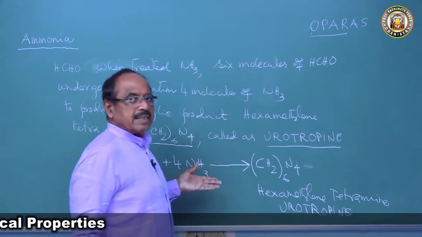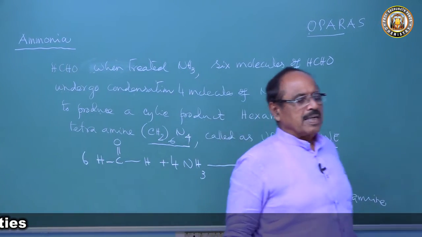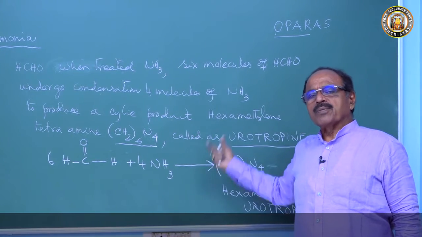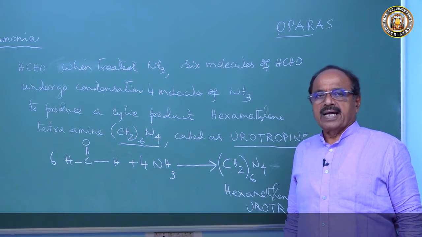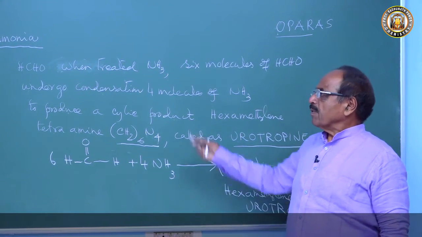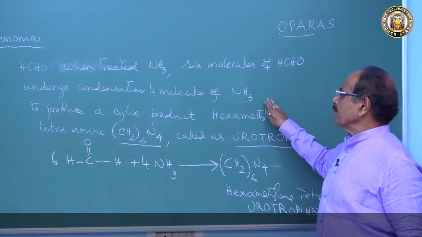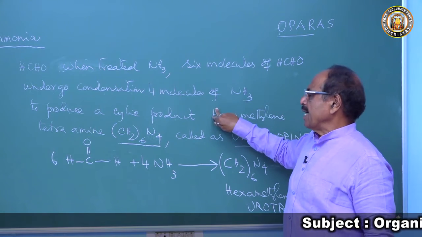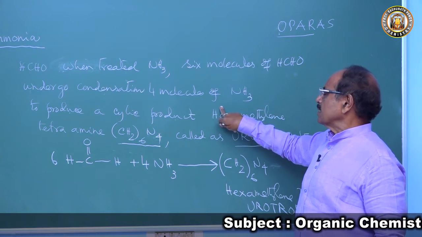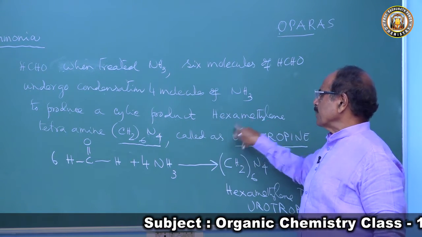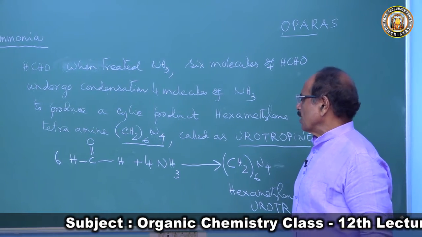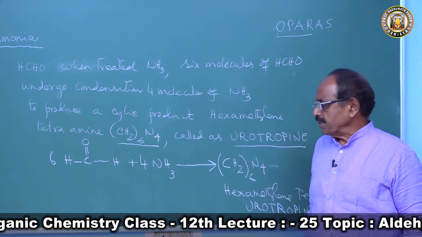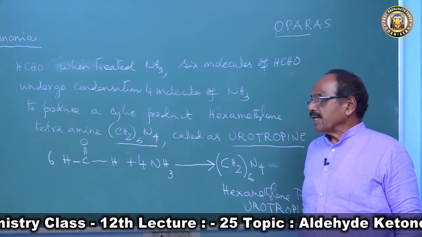It is a frequently asked question. They may ask you what is erotropin, or how ammonia reacts with formaldehyde. So when formaldehyde is treated with ammonia, 6 molecules of formaldehyde undergo condensation with 4 molecules of ammonia to produce a cyclic product, hexamethylene tetraamine, called as erotropin, used for the preparation of drugs for treatment of urinary tract infection.